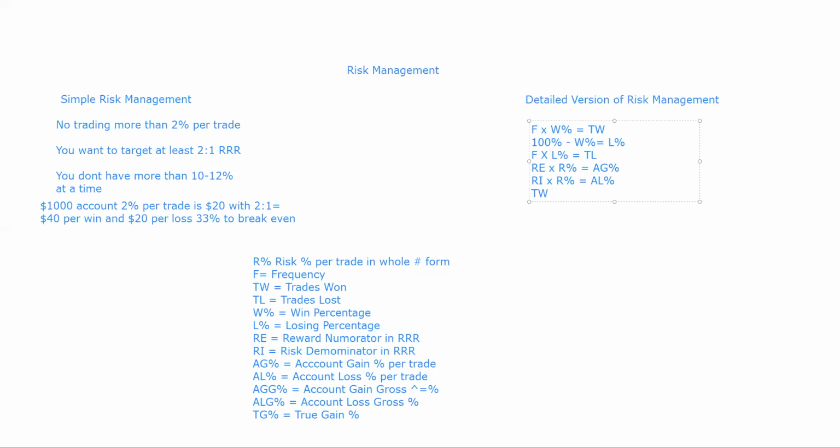Your trades won is going to give you your account gain and your account loss percentage per trade. Your trades won times your account gross percentage, and that's going to be, let me make an asterisk here.